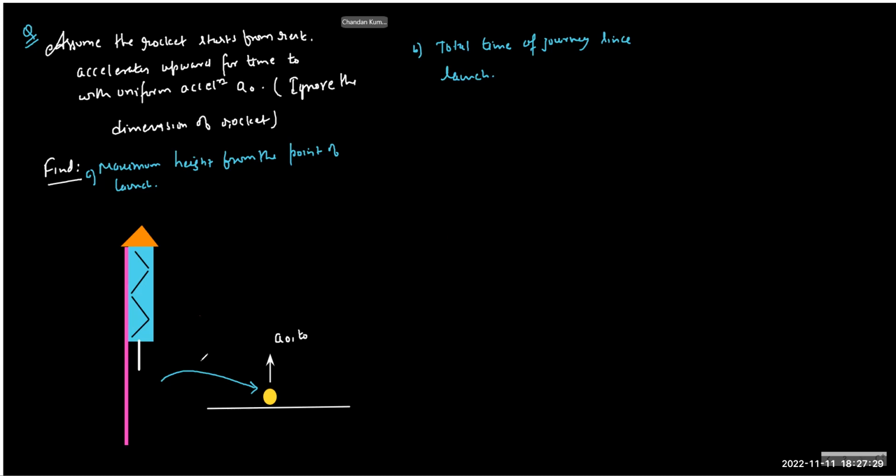Done? To understand this better, what is happening? Let's plot the graph called the V-T graph.